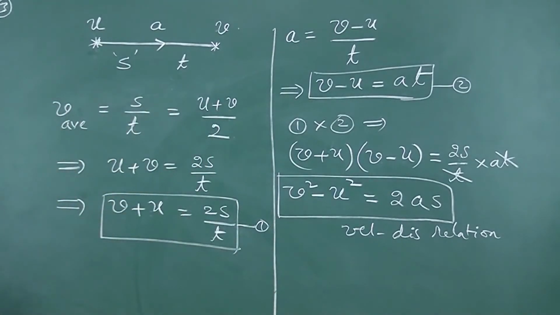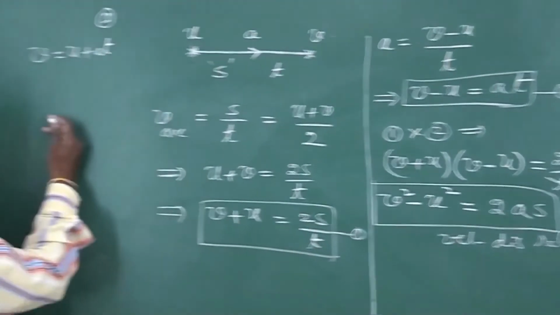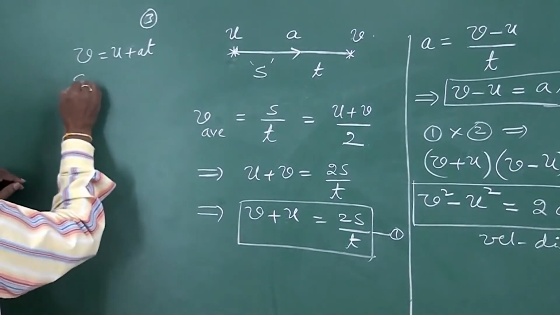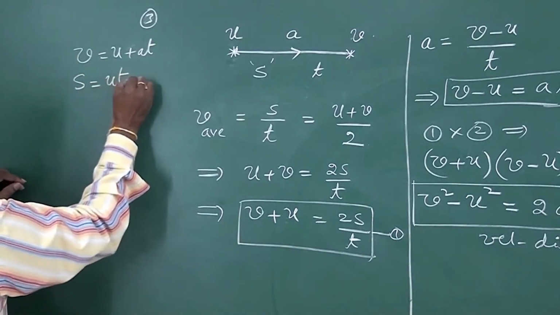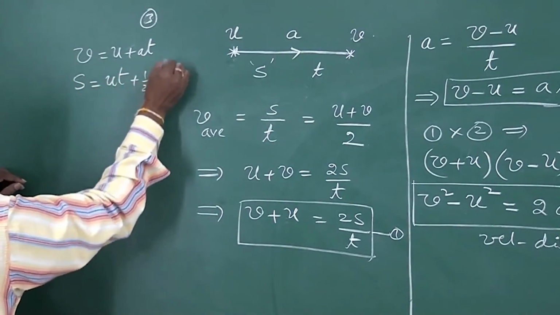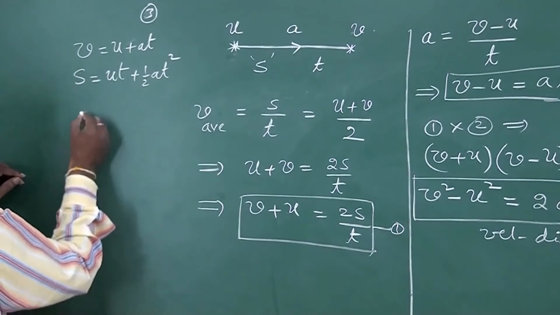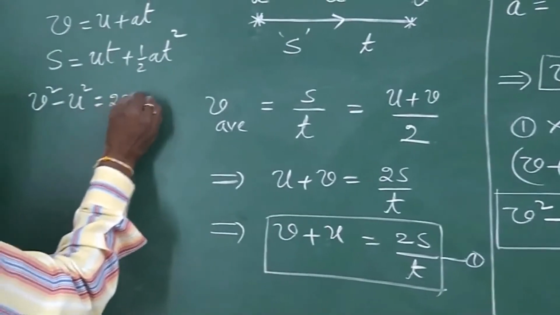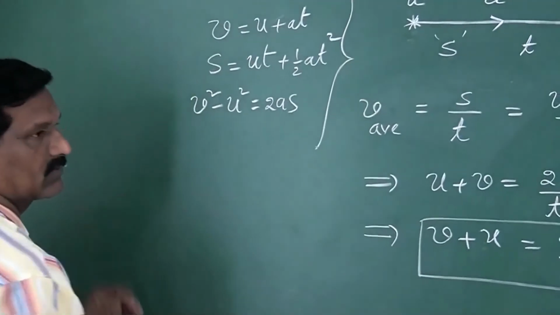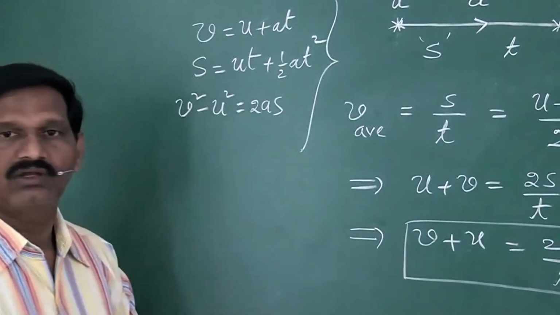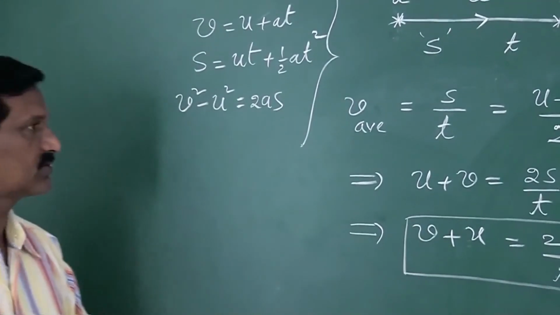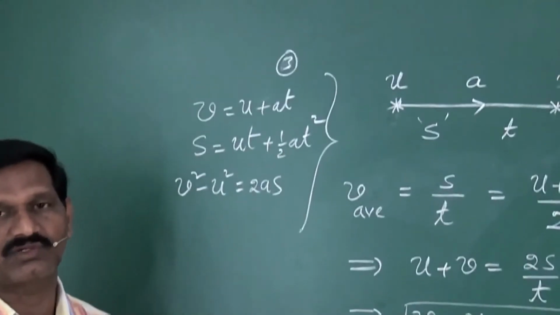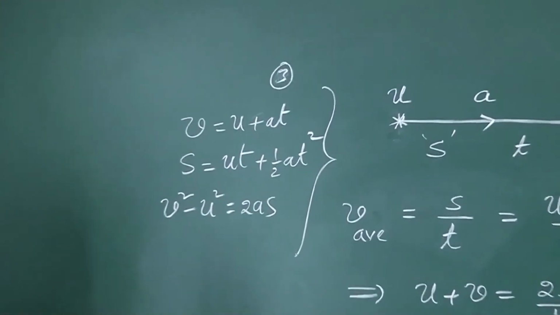So, the first kinematic equation is v is equal to u plus at. The second relation is s is equal to ut plus half at square. The third relation is v square minus u square equal to 2as. So, these are the three kinematic relations to describe the motion of the body in a straight line.